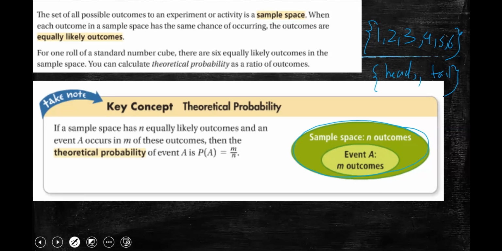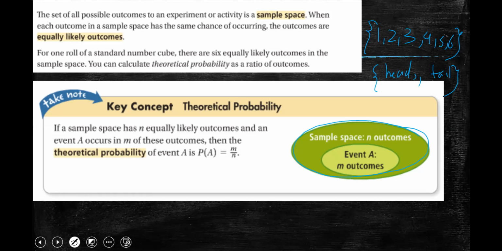Now, for one roll of a standard number cube, there are 6 equally likely outcomes. So you can calculate a theoretical probability as a ratio of outcomes. In the first one, as I told you, a class tossed a coin, so that is experimental.